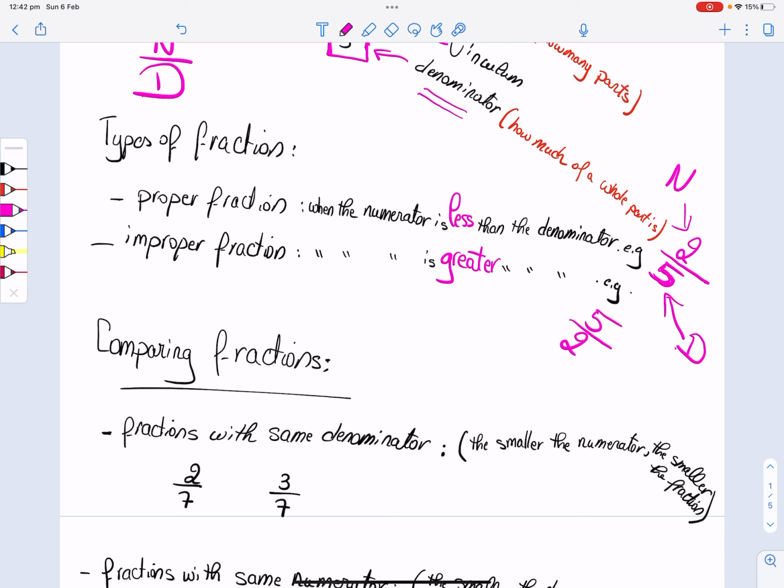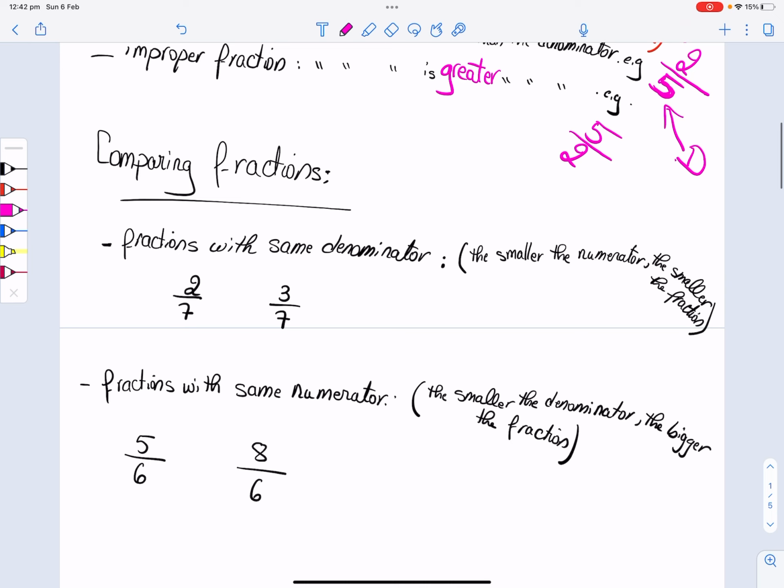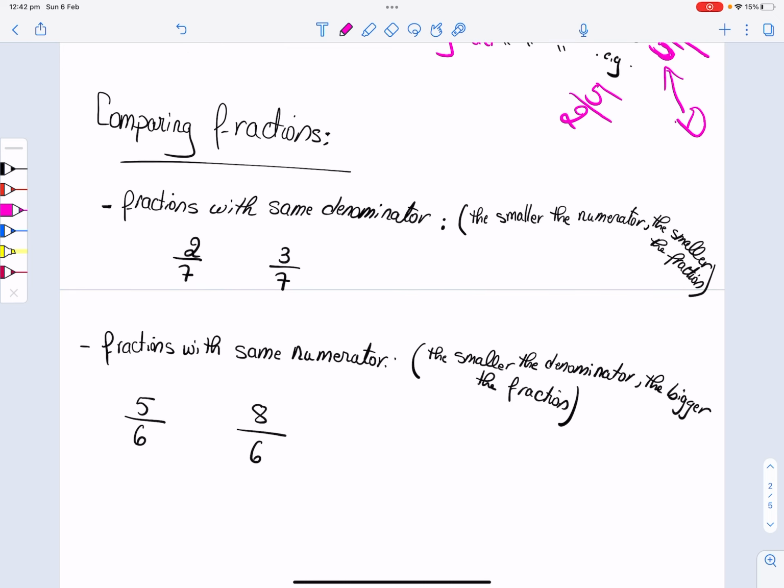Now, we need to talk about how we compare fractions. It's very easy. There are rules and we need to go by them. Okay, let's have a look now. Comparing fractions with the same denominator.